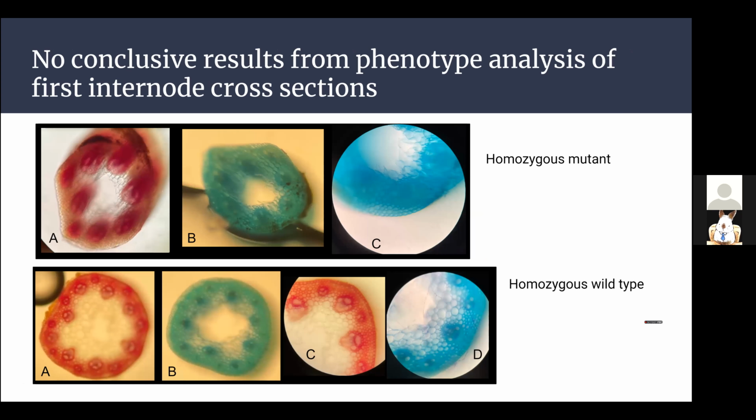And because we wanted to identify them as mutant or wild type, we were unable to get a lot of pictures because we only had one plant of the mutant form. So you can see where we were able to get pictures of the mutant and wild type, but they were of very limited quality because of the quality of the cross sections and the limited number of plants. So we weren't able to draw definitive conclusions from this phenotype analysis.